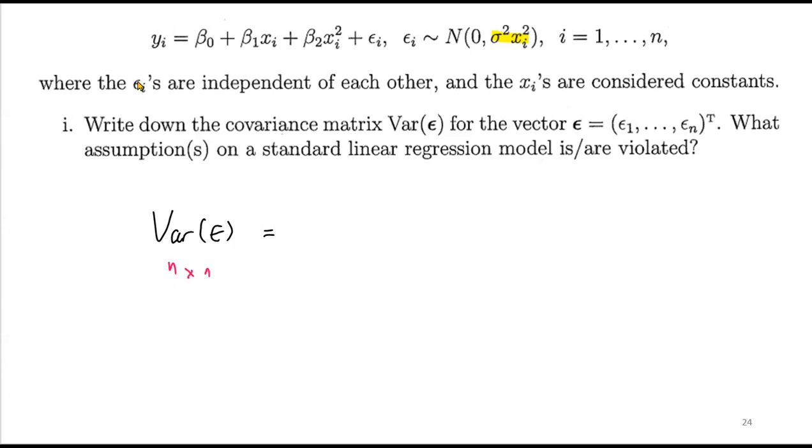Now we're told that the error terms are independent, so that means the covariance between distinct error terms is 0. And so that basically means that this variance covariance matrix only has the variances, and everything off the diagonal is 0. That is what we call a diagonal matrix. And a shorthand way to write that is we just write diag. And so the first element on the diagonal, the top left, is this guy.